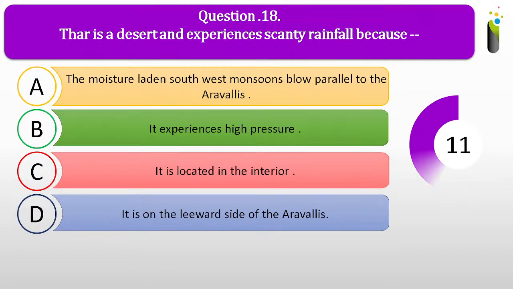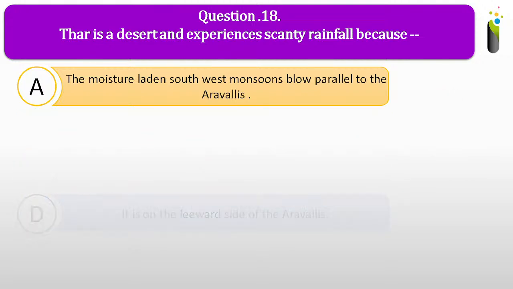So Thar is a desert and experiences scanty rainfall because your answer has to be A. The moisture-laden southwest monsoons blow parallel to the Aravallis. Going ahead to question number 19.